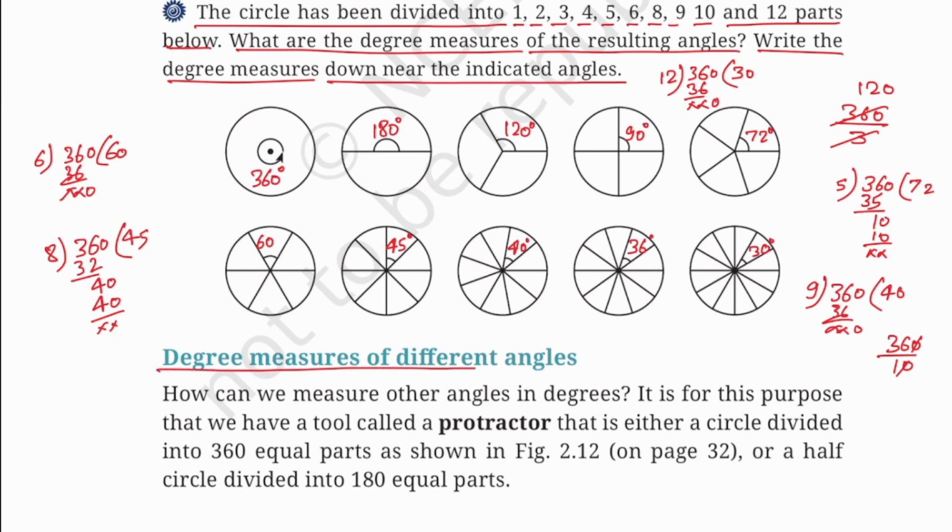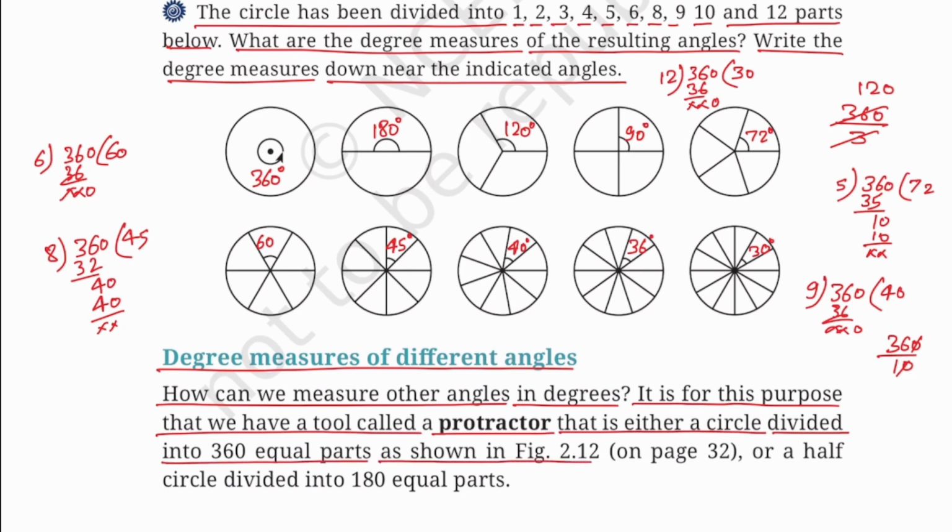Degree measures of different angles. How can we measure other angles in degrees? It is for this purpose that we have a tool called a protractor, that is either a circle divided into 360 equal parts as shown in figure 2.12 on page 32, or a half circle divided into 180 equal parts.